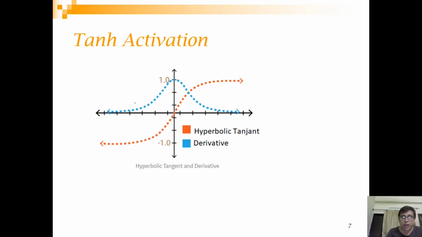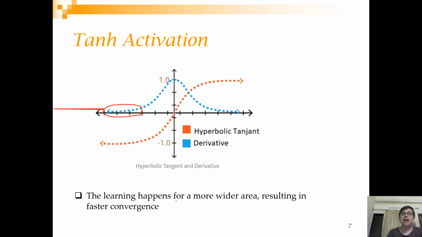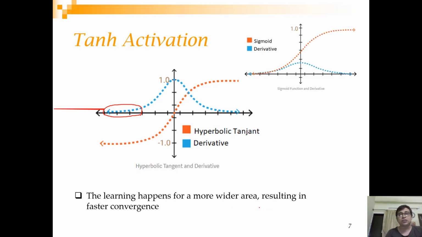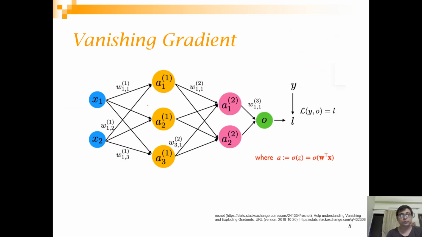If you look at this gradient, it is much steeper compared to what we had in our logistic or sigmoid function. So the learning happens over a wider area, resulting in faster convergence. If you compare, you can see that it is much less steep here and quite steep here, so learning is much faster.